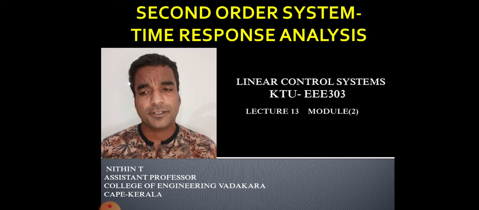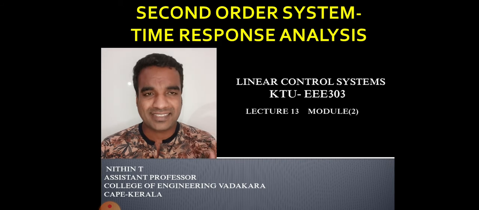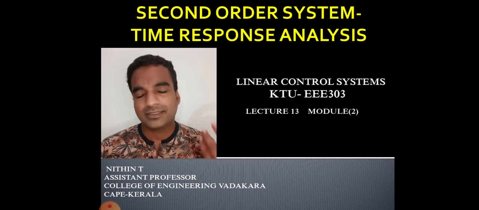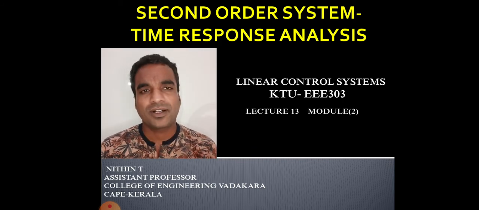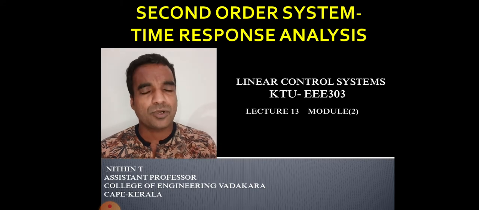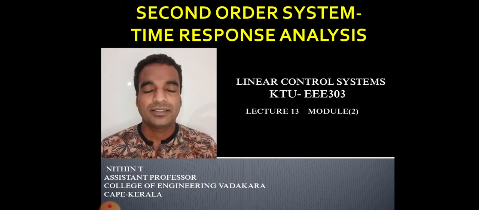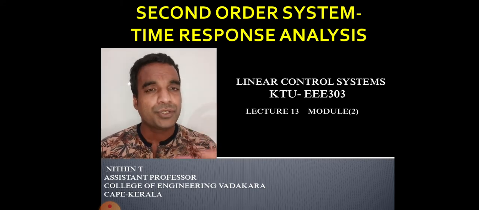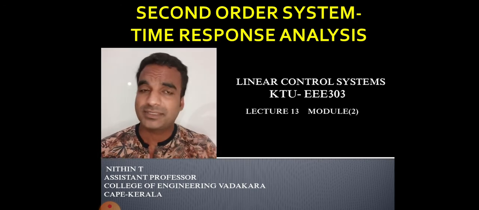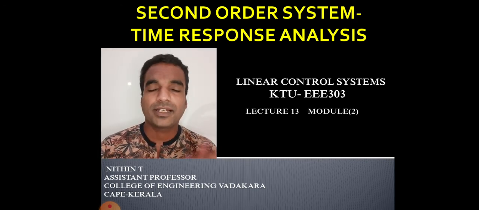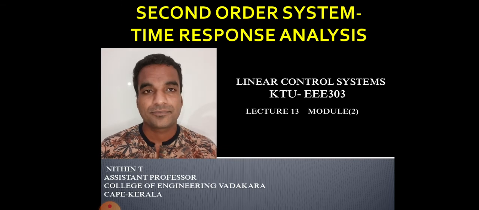So for analyzing any given example, whether it is a second order system or first order system, we should have a standard model for that system. Then only we can compare each term to the corresponding term in the standard form, and then we can do further analysis.